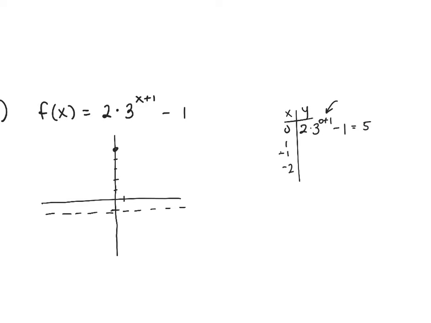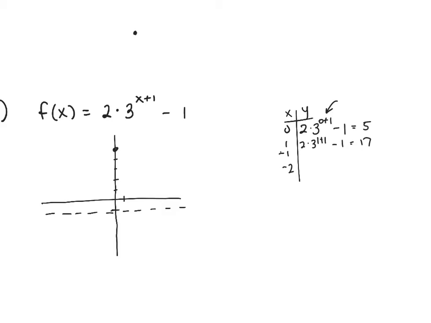So when x equals 1, we have 2 times 3 to the 1 plus 1, minus 1. Now here, 1 plus 1 is 2, 3 squared is 9, 9 times 2 is 18, 18 minus 1 is 17. So (1, 17). Like I said, you're getting pretty high off the graph there.